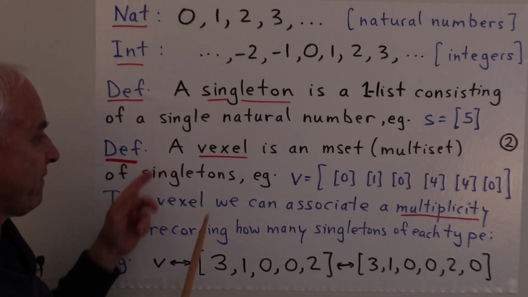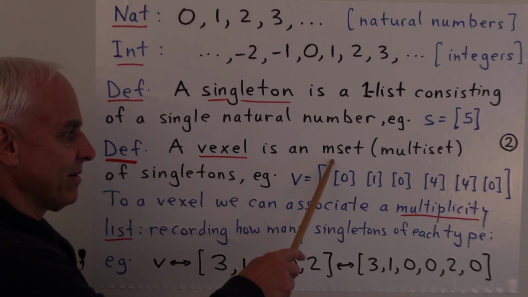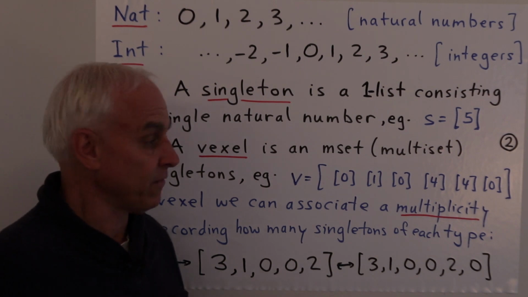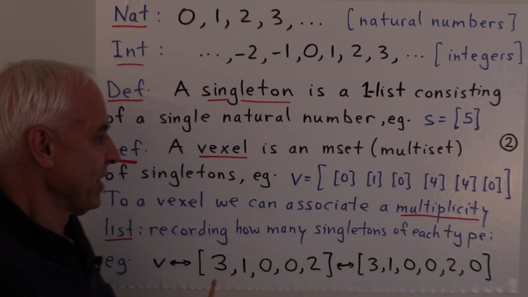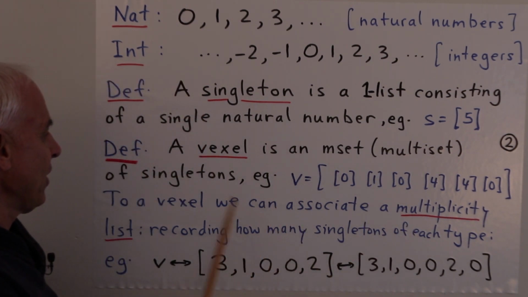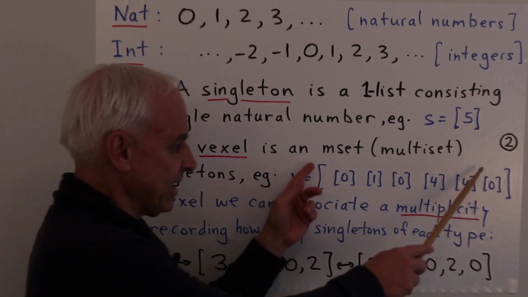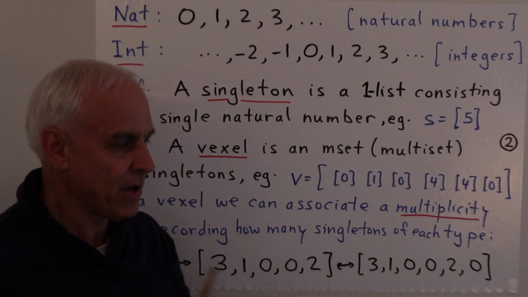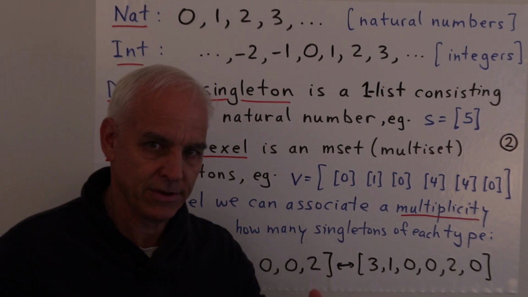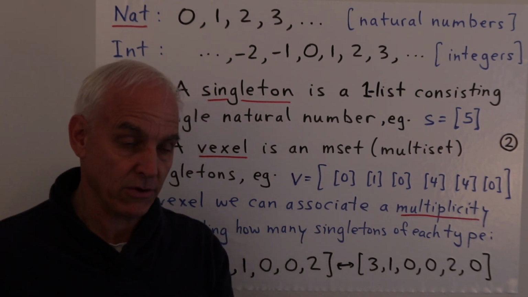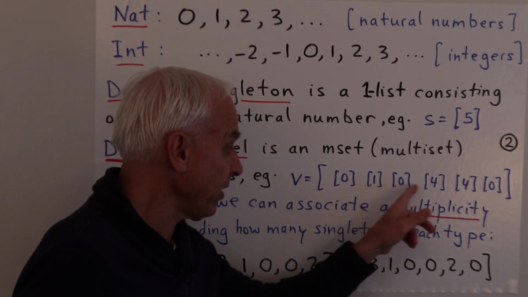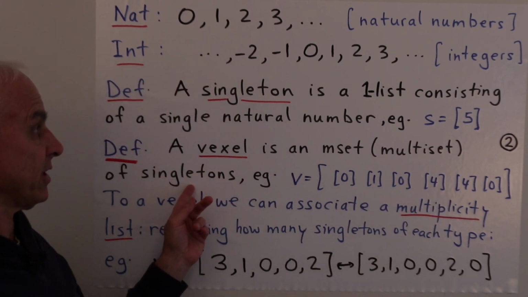And then we define a vexel to be an M-set, which is my preferred shortcut for the word multiset. So a vexel is an M-set of singletons. In other words, it's a multiset. It's a collection which is unordered and in which repetitions are allowed. And the objects here all have to be these singletons that we've just defined.